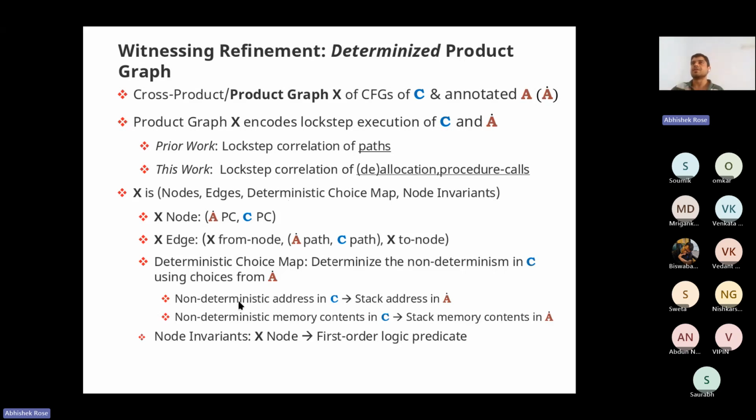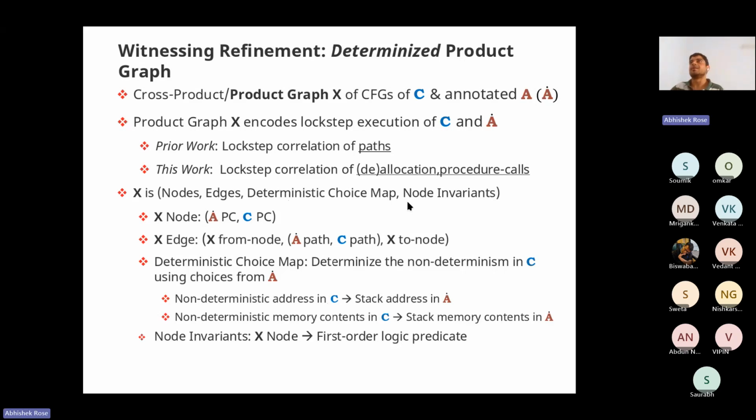For example, if there is an allocation in A, then the non-deterministic address chosen in C is correlated with a stack address in A. So the non-deterministic address in C is determinized to a particular stack address in A. This deterministic choice map determines the behavior of C based on A.